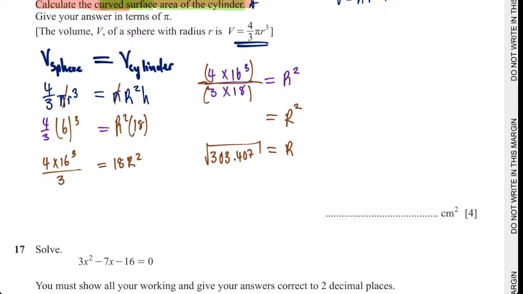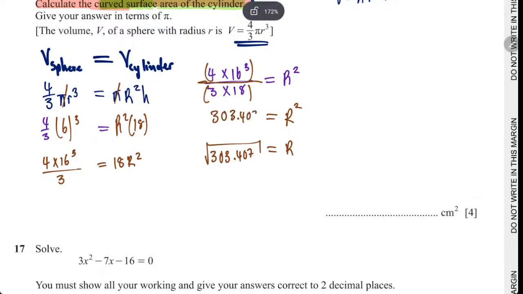Okay, good. Right. So can you now get us the square root of that? What do you get? You should get something like 17.4 or 17.42 centimeters as your r.